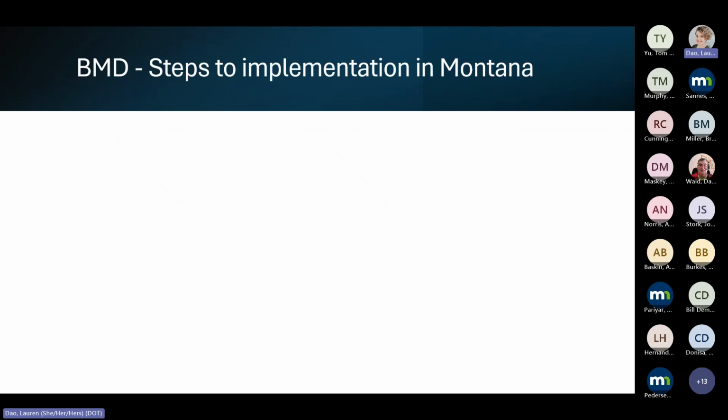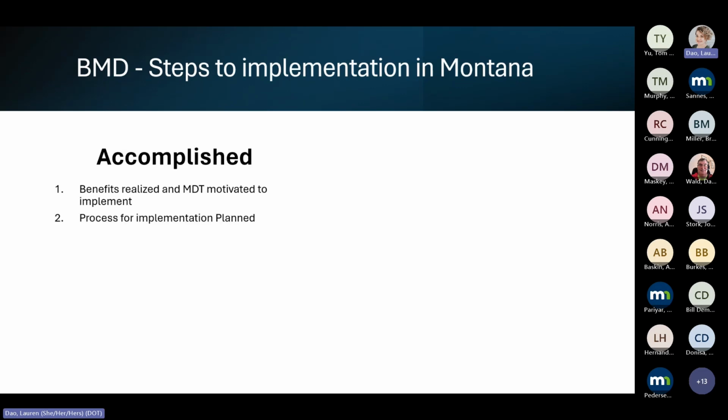Steps to implementation in the Treasure State, what we've accomplished. We've realized the benefits and want to move forward. We've been looking for that bookend to the Hamburg for the permanent deformation performance test. We've tried to give our contractors the ability to innovate with their designs, as far as gradation and asphalt content.